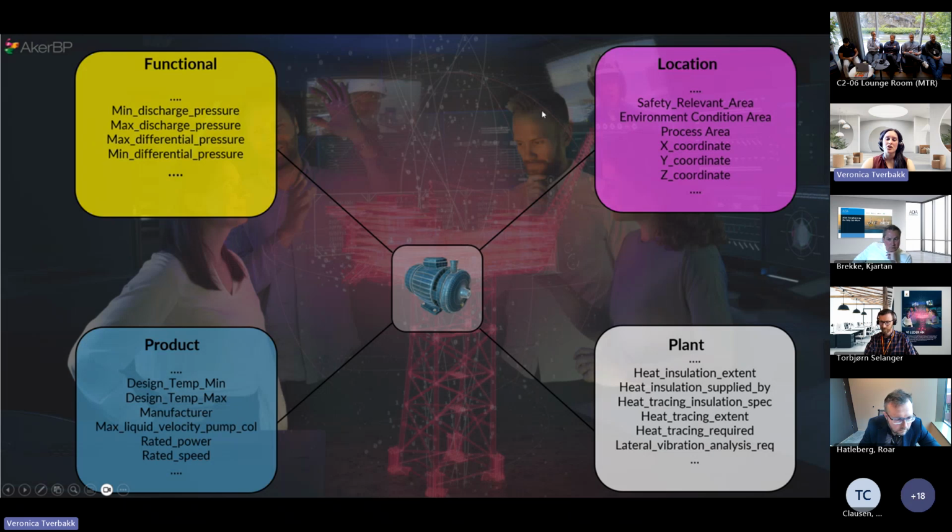And we also have installed aspect. But we can have many other aspects with their own related attributes. So for example, we could have a cybersecurity aspect with network information and security protocols. We could also have a maintenance aspect with maintenance plans and how often something should be replaced.